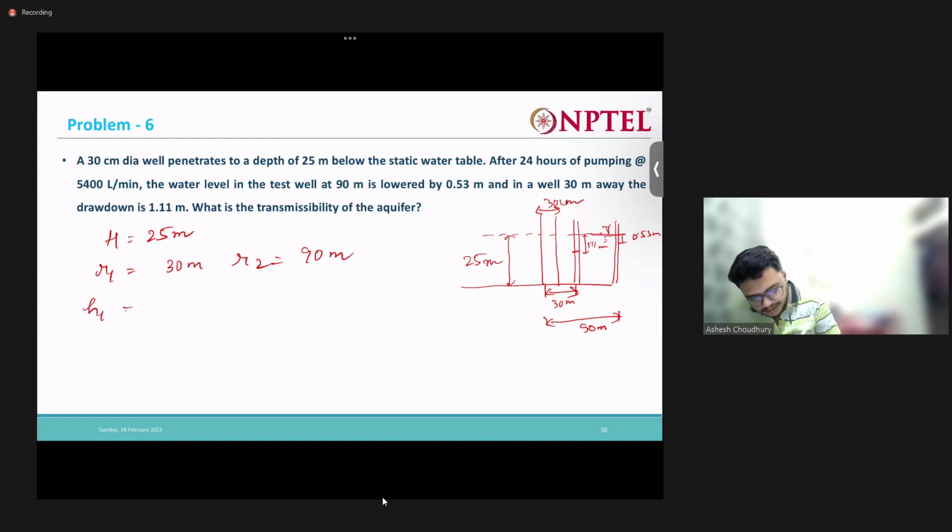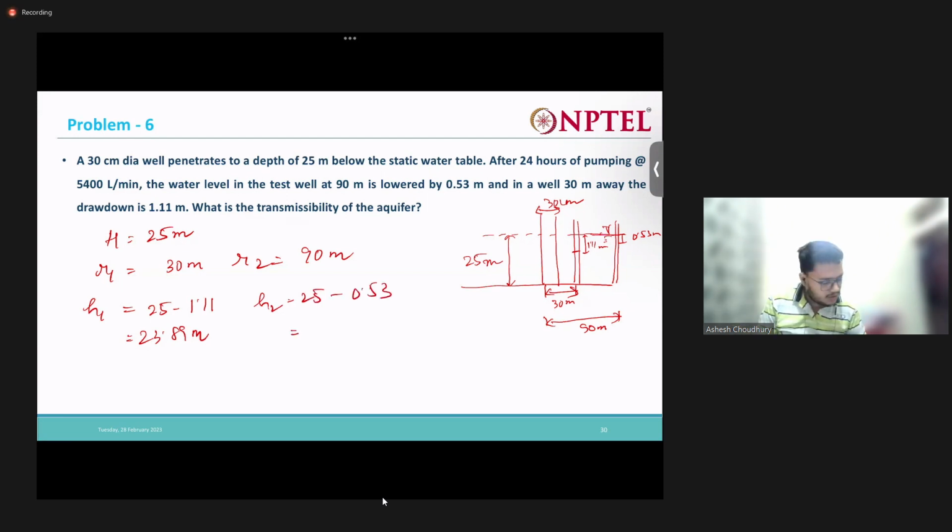H1 is 25 minus 1.11, which is 23.89 meter, and h2 is 25 minus 0.53, which is 24.47 meter. So h1 and h2 I got. H1 is nothing but this, h2 is nothing but this.